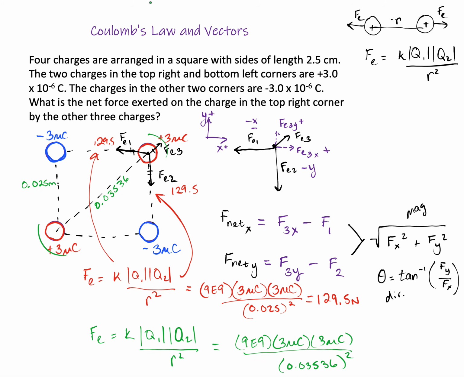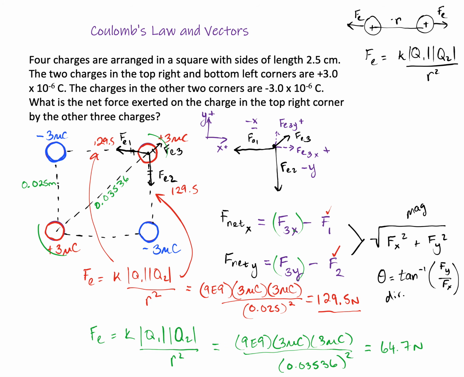Now, I've got this value and this value right off the bat because they're all x or all y. But this one and this one, these ones don't equal whatever this comes out to be, which I think is 64.7 newtons total.